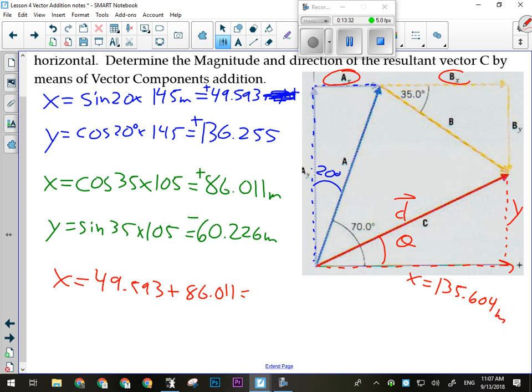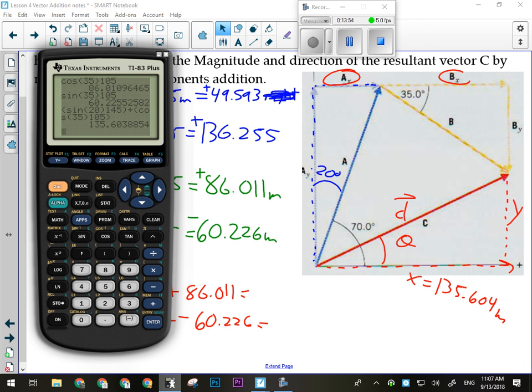And that's positive. Then we need to find y, but since in the first part we went up and in the second part we went down, I'm going to need to make one of them negative. So I'm going to have the 136.255, which is the y component for A, and I'm going to add that to negative 60.226, or just subtract them, whichever. It doesn't really make much difference.